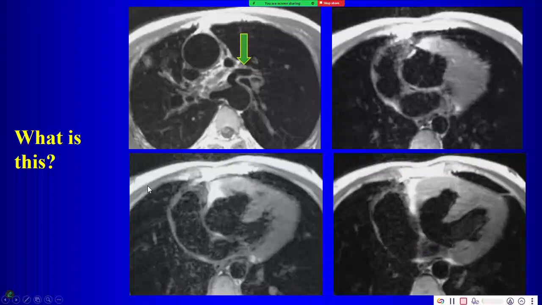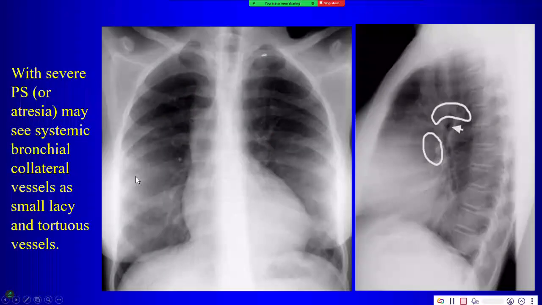And so remember we talked about pseudotruncus arteriosus where you have vessels going to the pulmonary arteries coming off the descending thoracic aorta. So this is really not truncus arteriosus. This is at the severe end of tetralogy of Fallot when we have pulmonary atresia. Okay? All right, so with severe pulmonary stenosis or atresia, there may be these funny-looking vessels that we see.